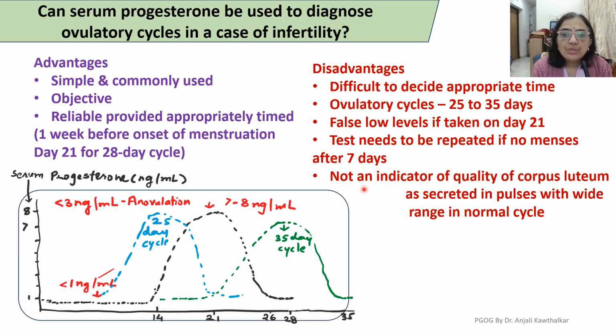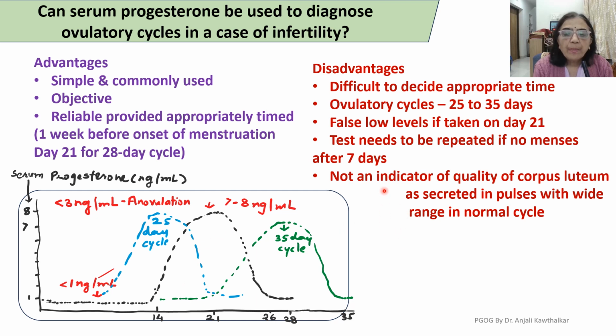Now this serum progesterone is dependent on LH secretion, and even GnRH, which you know is secreted in pulses from the hypothalamus. In the same way, LH is also secreted in pulses. Similarly, serum progesterone does not remain consistently raised. It is also secreted in pulses.